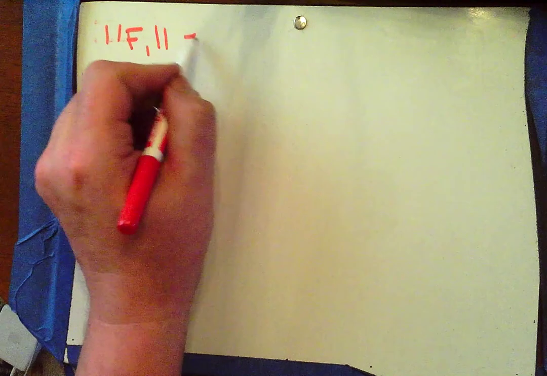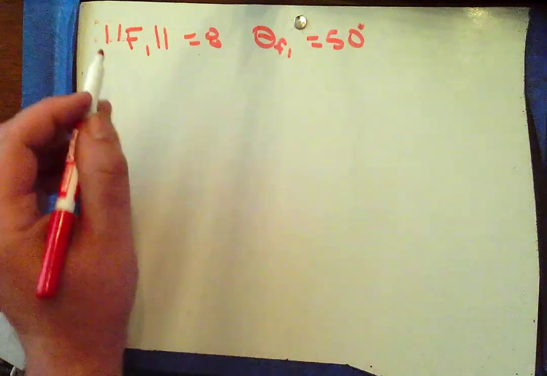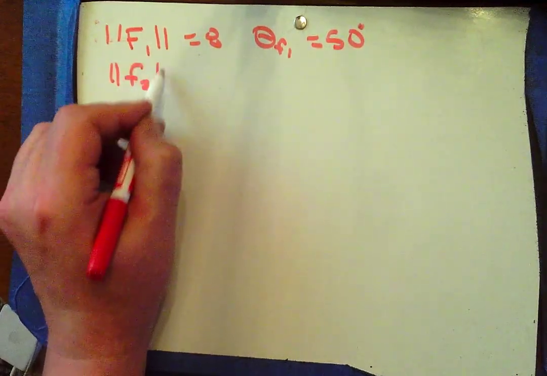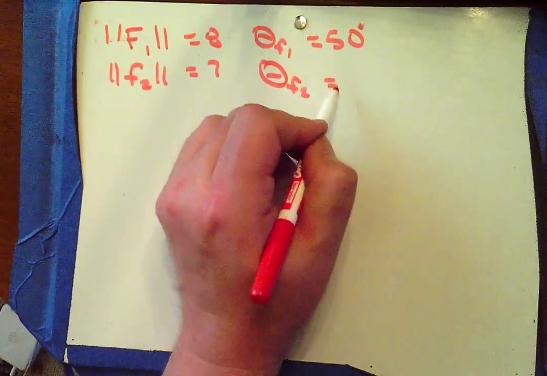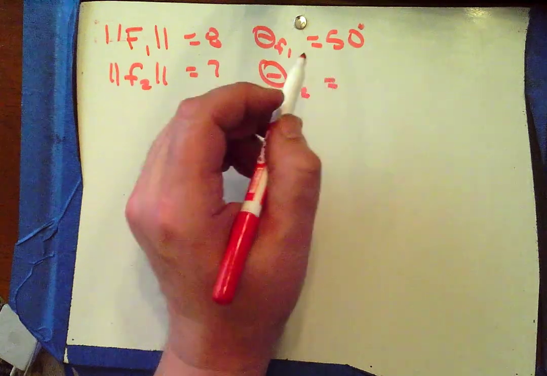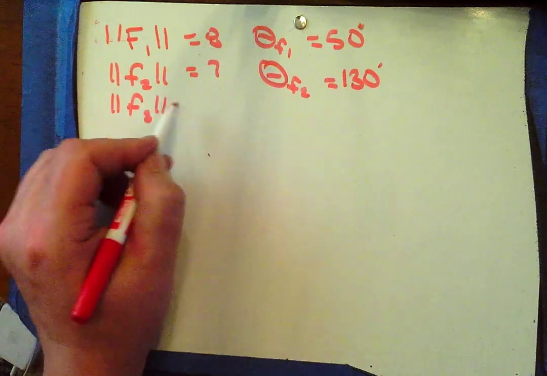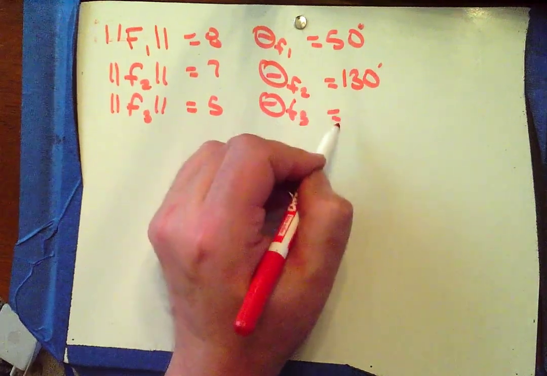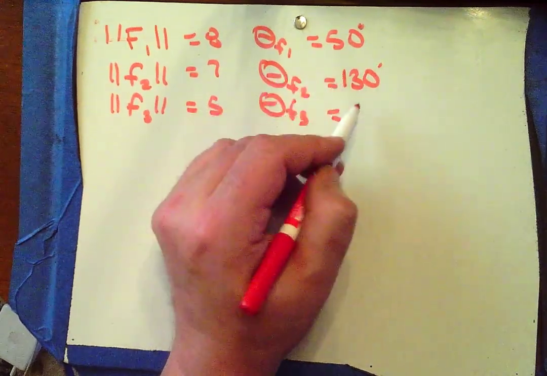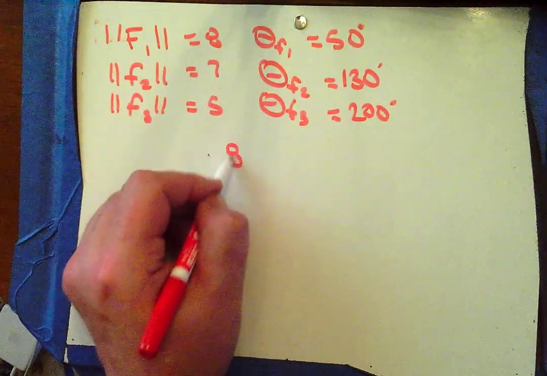Force 1, the magnitude is 8, and theta F1 is 50 degrees, and the magnitude of force 2 is 7, and theta force 2 is 80 plus 50, which is 130, and magnitude of force 3 is given to us as 5, and theta for force 3 would be that 130 plus another 70, or 200 degrees. So we can add these 3 forces together easy enough.